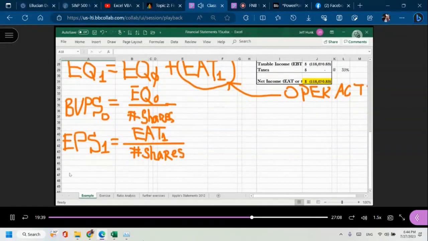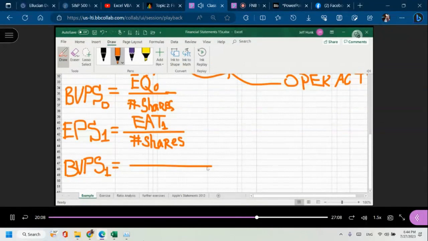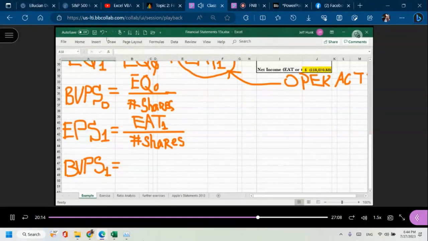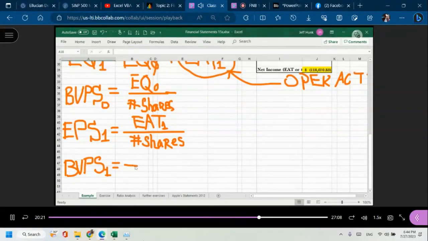Then now think about it. What is going to be the book value per share at time 1?